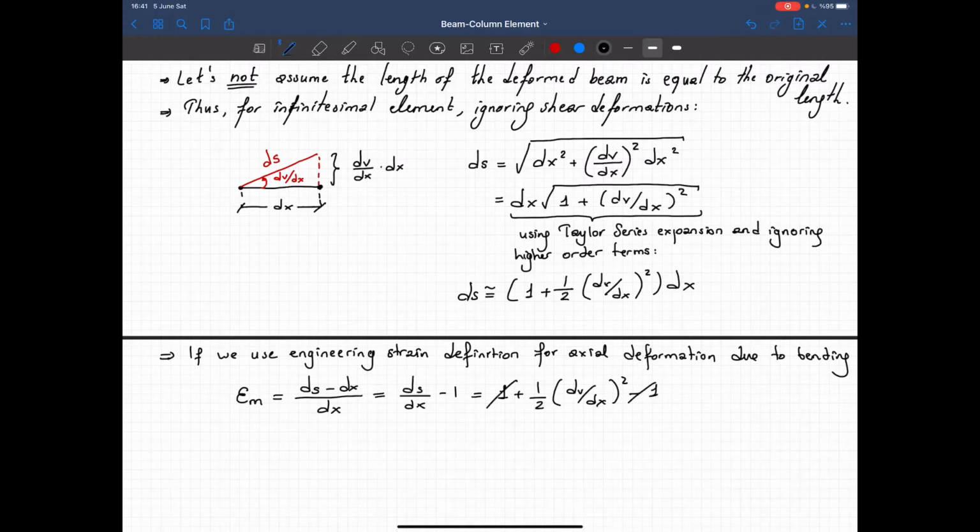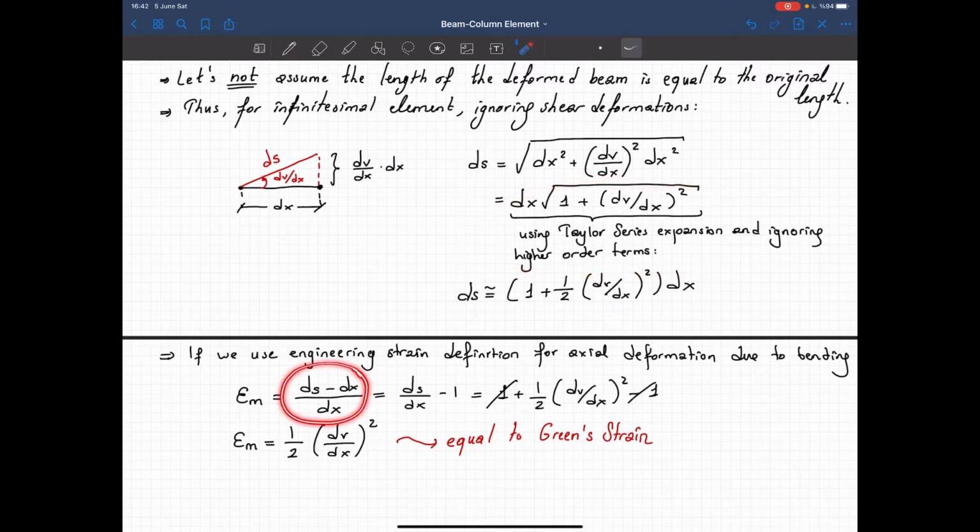These two cancel, and at the end of the day I obtain my membrane strain as equal to 1 over 2 (dv over dx) squared. And actually this strain definition is nothing but the Green's strain. So with this approximation, and using the engineering strain definition, I end up with the Green's strain. Here this is the membrane strain.